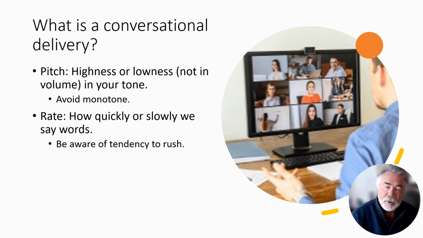What you're looking for is to modulate between the two, which you do all the time when you're having a conversation with a friend. If you're chatting at church, or over a cup of coffee, or over the back fence, you don't speak in a monotone voice generally. You are using a variety of pitch and it just sort of comes naturally.